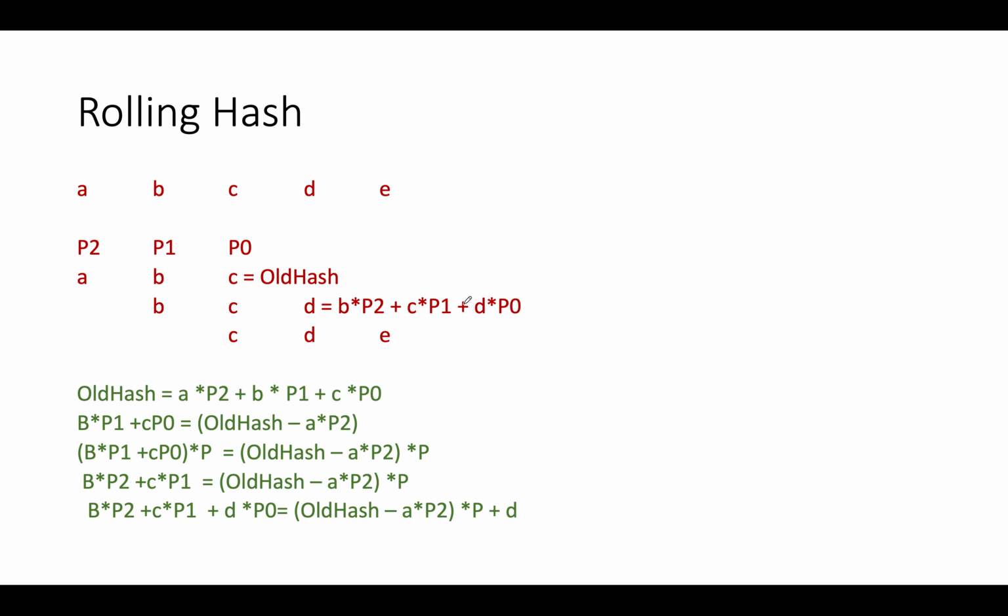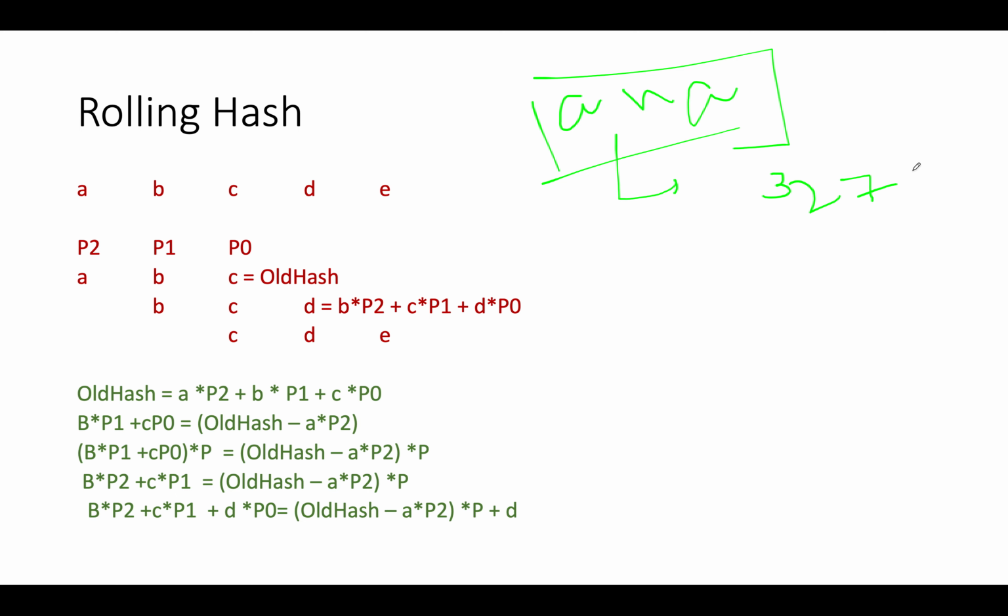Even before diving into the details, let's break it into simpler aspects. Let's assume there's a string ANA and we generate a hash of this input string. Let's assume the hash turns out to be 3278 by virtue of some complex logic.